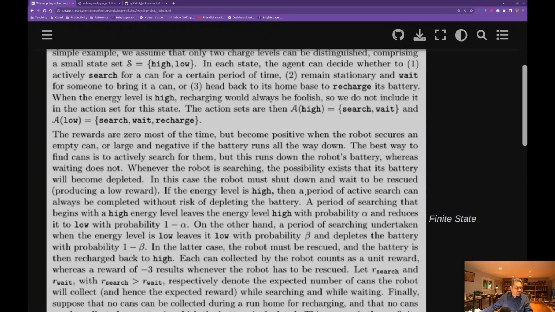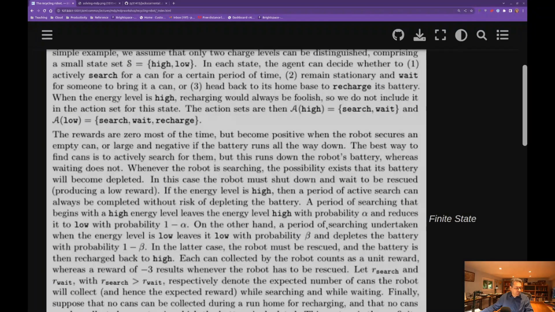If the energy is high, the depletion probability is 1 minus alpha, and it maintains the high state with a probability of alpha.